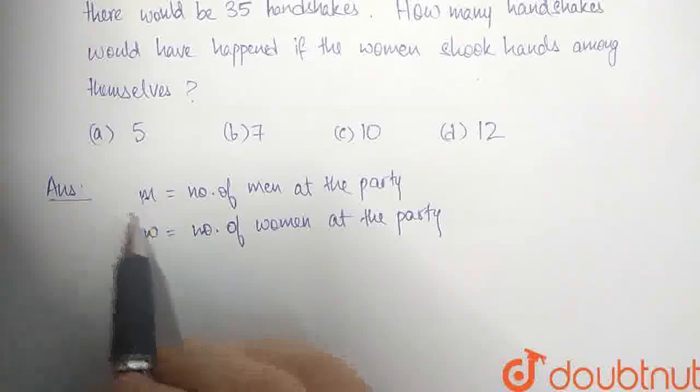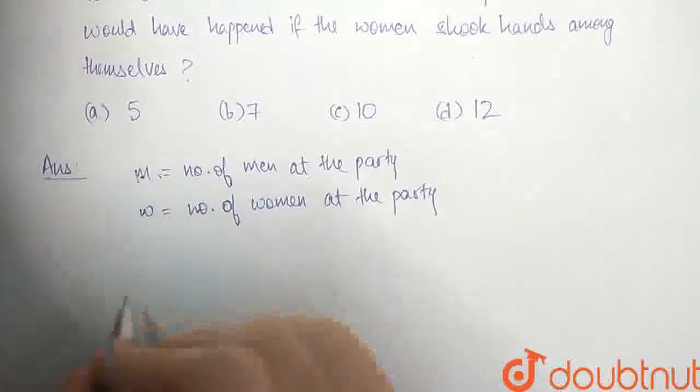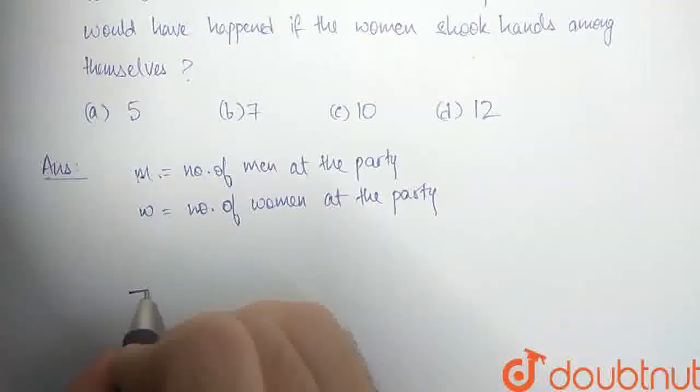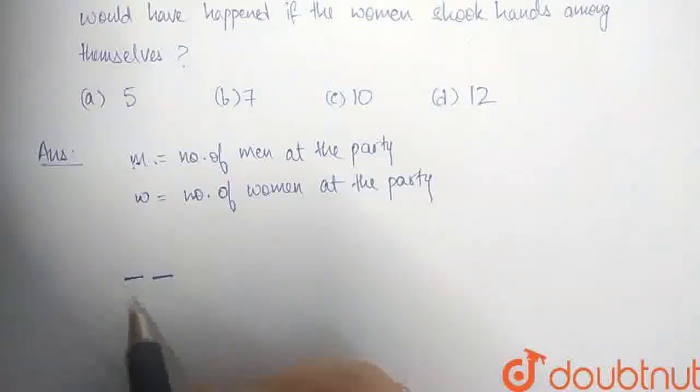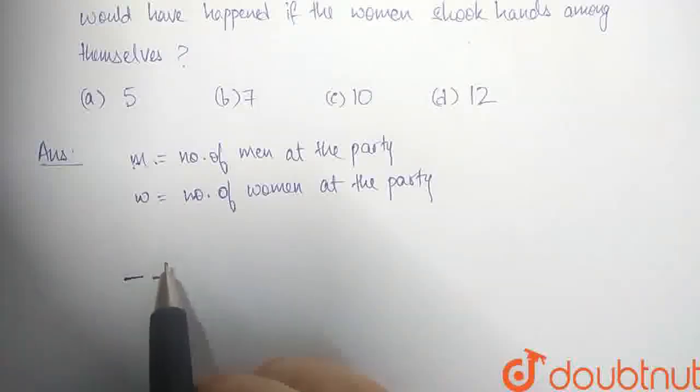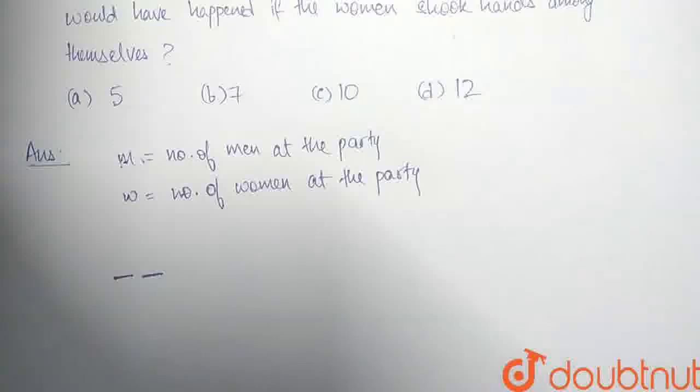If we just go off of this variable here, what it means is we need to find out a combination of two men. We need to find out the number of combinations of two men at a time, and that will give us the number of handshakes, since nobody would shake hands with one another again. And if person A and person B already shook hands, then person B and person A shaking hands again is the same thing.